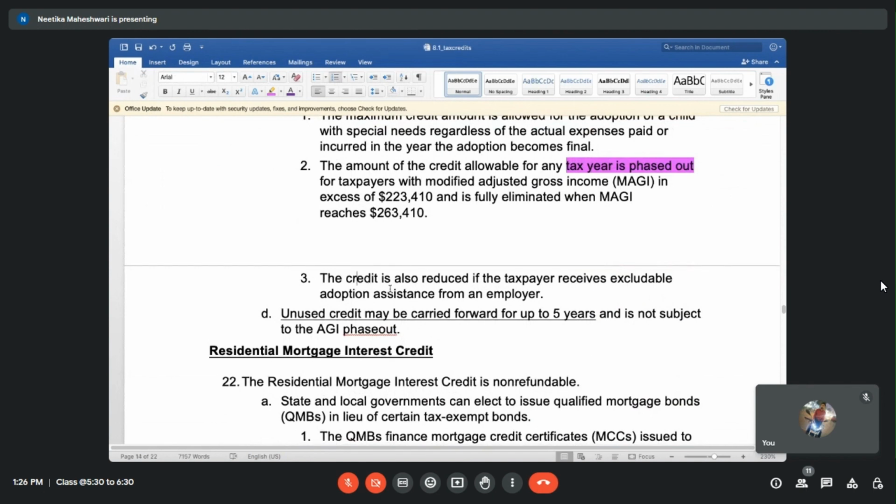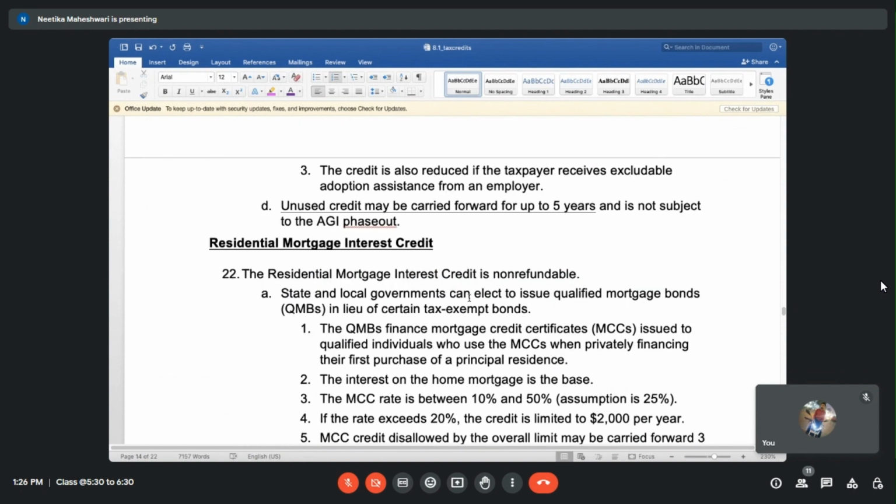The credit is reduced if the taxpayer receives any excludable adoption assistance from an employer. We need to see if there is somebody else who is helping them out, and not just the employer. There might be organizations, there might be NGOs who are encouraging this and also maybe trying to help in terms of expenses. So all that needs to be taken into account.